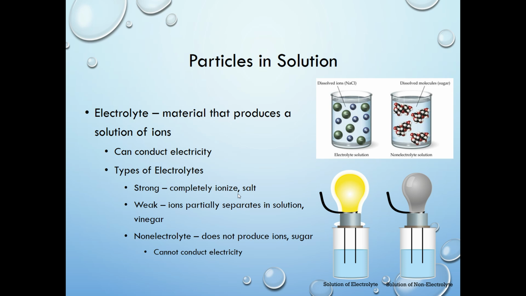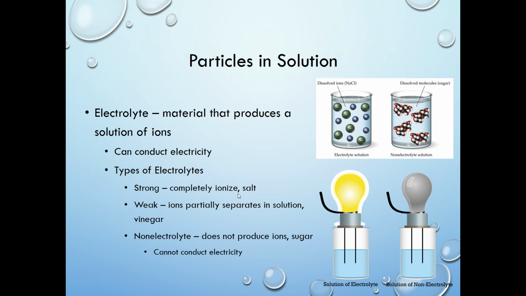An electrolyte is a material that produces ions in solution. Electrolyte sounding like electricity, so an electrolyte can carry an electric current. We can have strong electrolytes, which completely ionize. So that would be like salts.